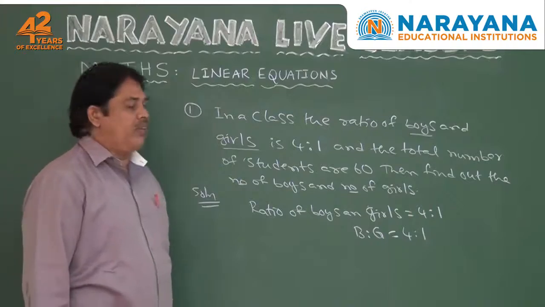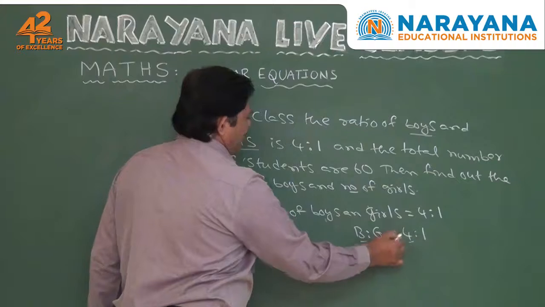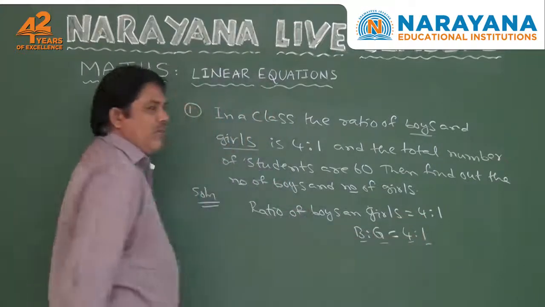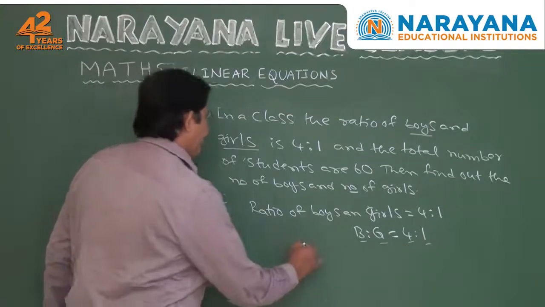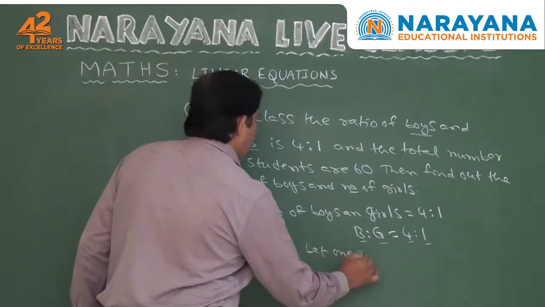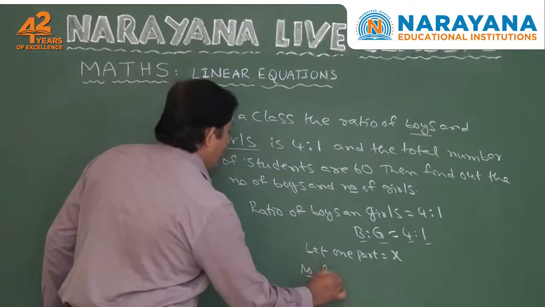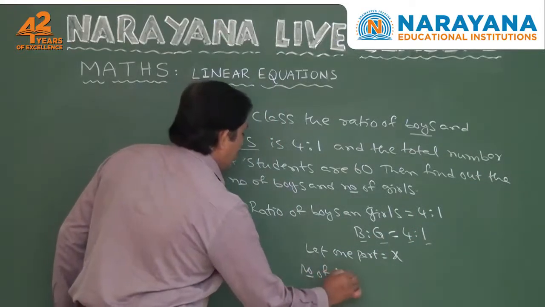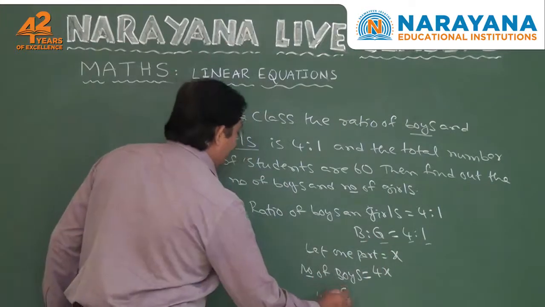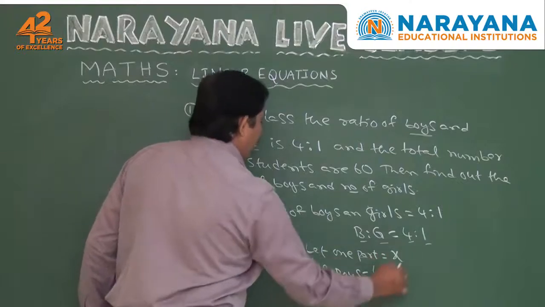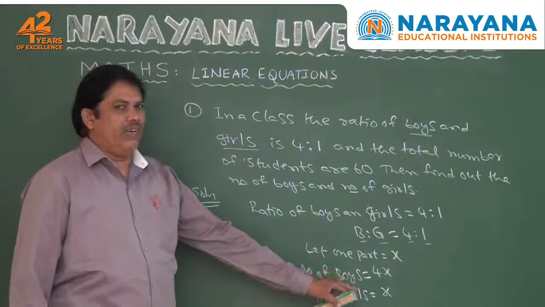Boys to girls equal to 4:1. That means boys are 4 parts and girls are only 1 part. So let one part be considered as x. Then number of boys equal to 4x, and number of girls equal to x.